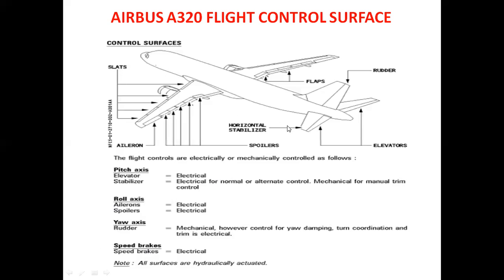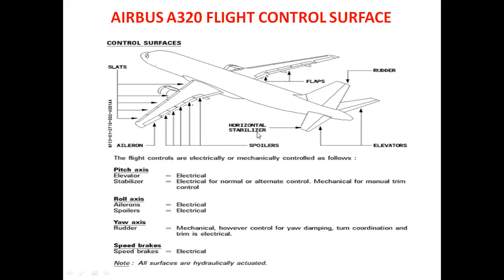The primary and secondary flying control surfaces of the Airbus 320 are electrically or mechanically controlled as follows. They are controlled either electrically or mechanically, but they are actuated by hydraulic power.